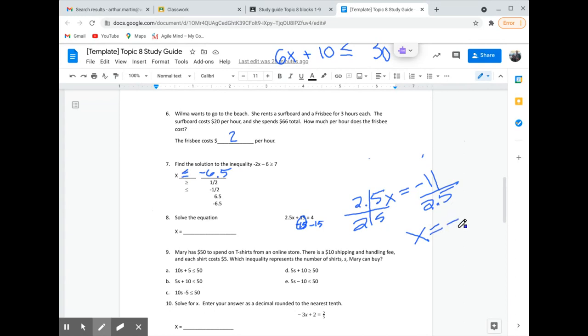Negative. It is going to be negative. And what's 11 divided by 2.5? 4.4. That's right, 4.4.